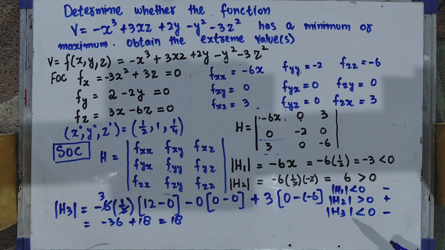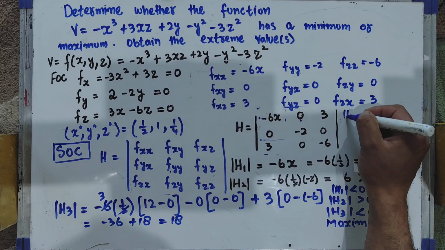If they are all positive, then we get a minimum. I am always getting confused, but yes: if the Hessian determinants alternate their sign from negative to positive, we get a sufficient condition for maximum.